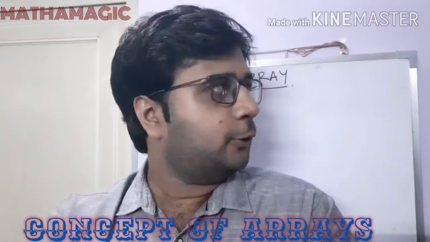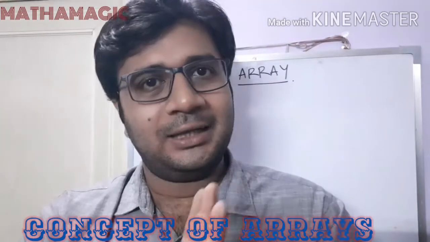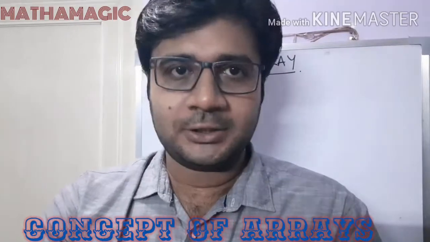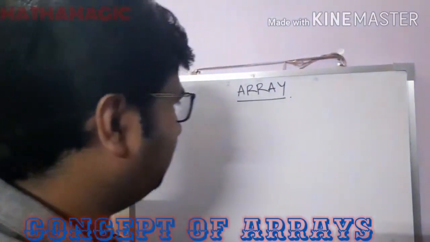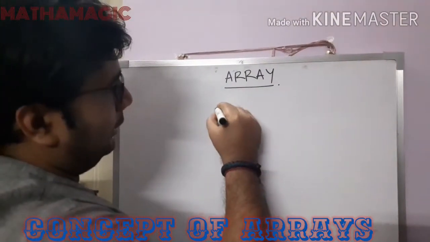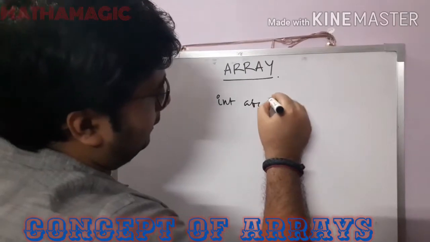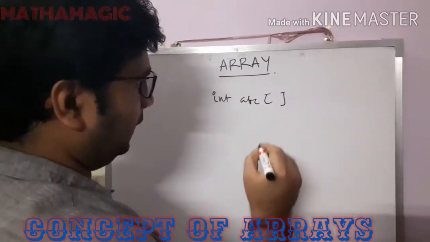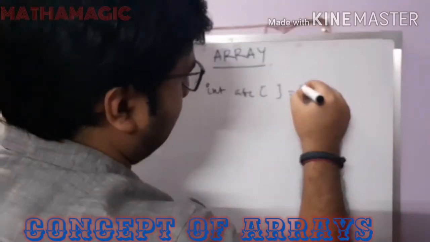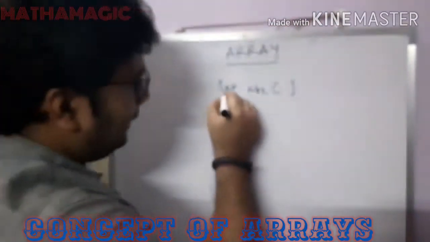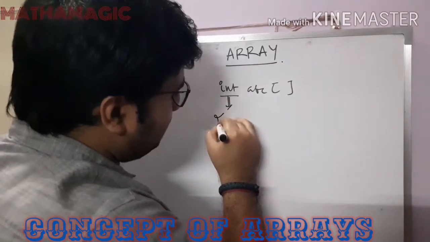In order to discuss an array, we'll take one example: how the array looks, how it is initialized, how it functions and what its effect is in a program. Let's take, for instance, int ABC[5]. Here int stands for integer.